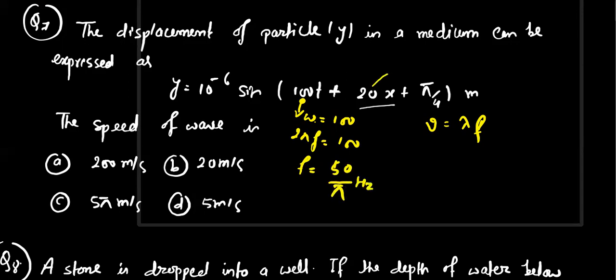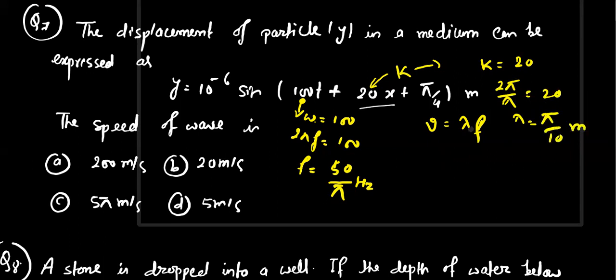And to calculate the wavelength we have to compare this is k, this is wave vector, so k can be written as k equal to 20, so 2 pi by lambda equal to 20, that's why lambda equal to pi by 10 meter.